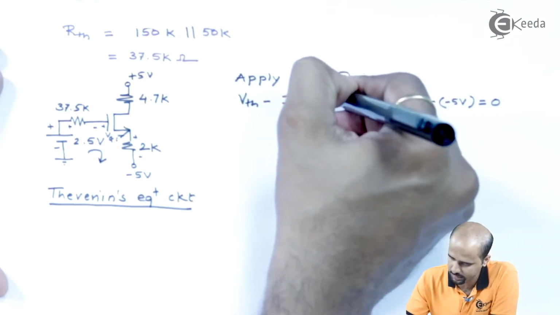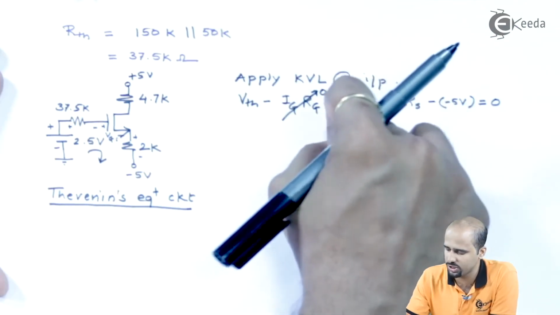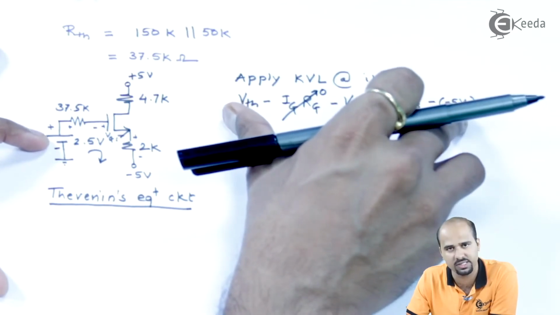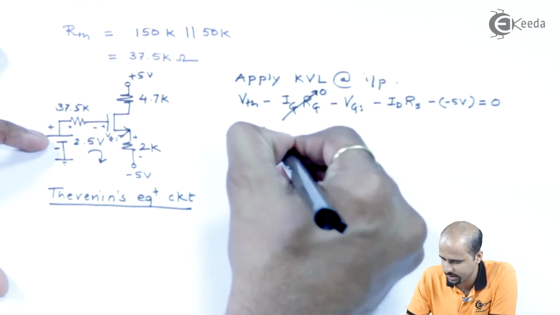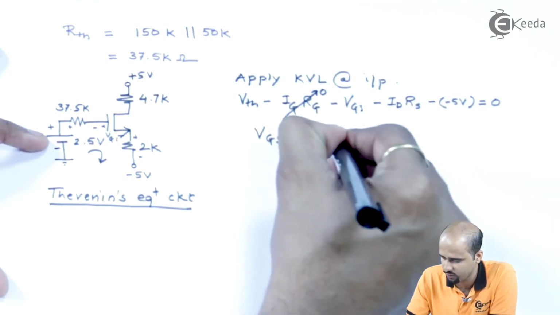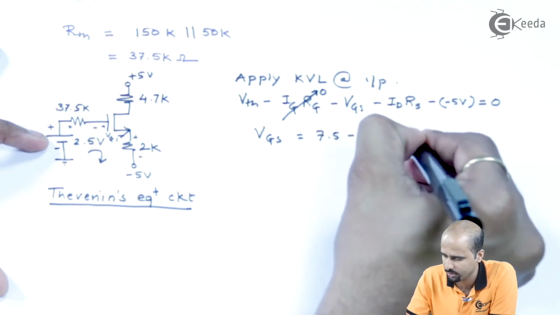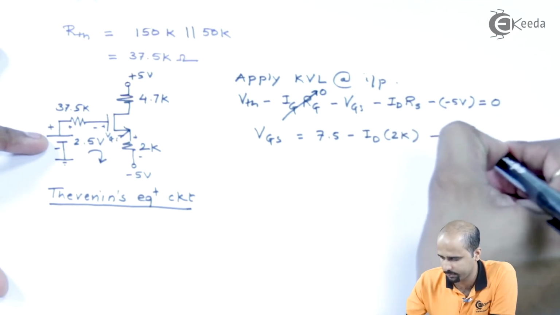The IG RG term automatically will become 0, because IG is equal to 0. What will be the value of VGS? VGS is nothing but VTH, 2.5, plus 5, that is 7.5. So VGS will become 7.5 minus ID into 2k, that is the value of RS. This is equation number 1.